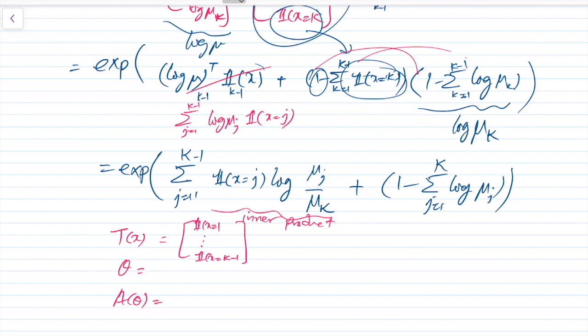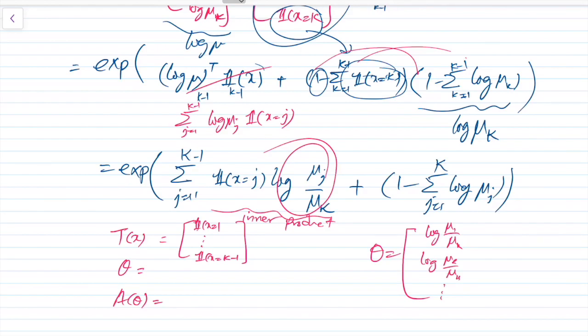What is my theta? My theta is this, right? So my theta is a log of mu1 to mu k, log of mu2 to mu k, and so on and so forth, all the way to log of mu k minus 1 to mu k.